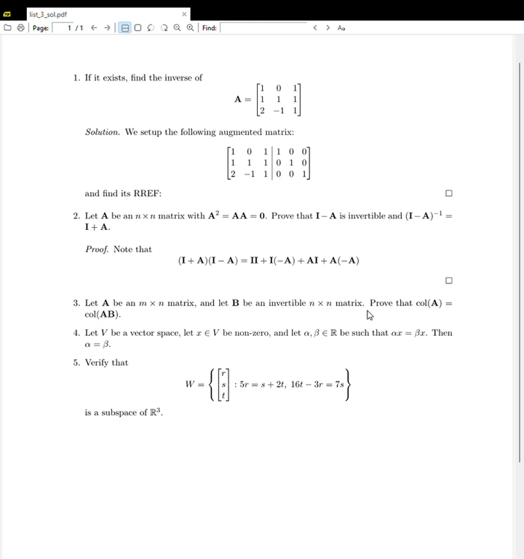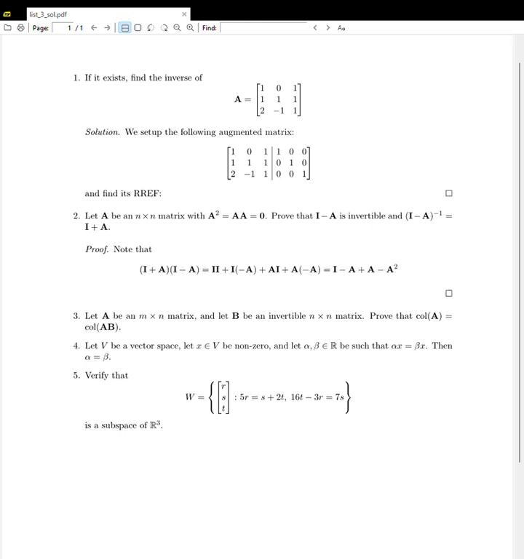All right, and now we could start cleaning some things up here. The identity matrix times anything gets you whatever you're multiplying it by, which in our case is the identity matrix. And so the identity matrix times negative A will give me a negative A. The identity matrix times A will give me a positive A. And then A times negative A, well, we can factor out that minus sign, as we proved. And then you have A times A, which gives us A squared.